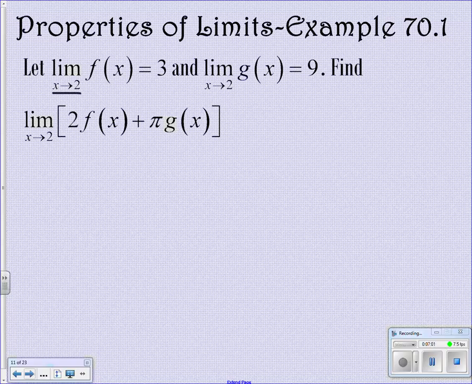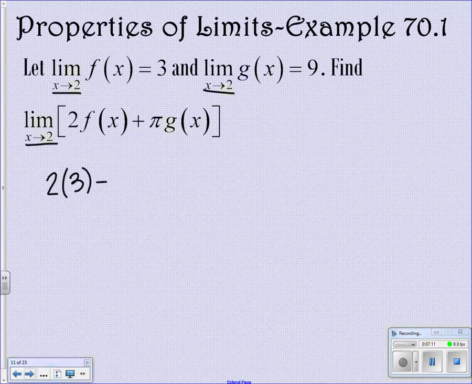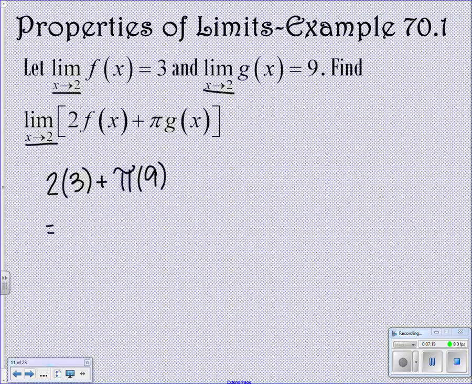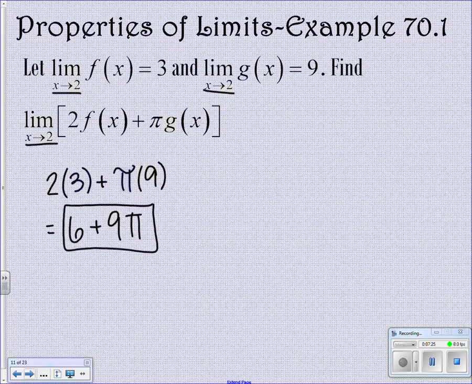Well, since these are all as x approaches 2, we can basically just say our f of x, when that limit is happening, is a 3. So we have 2 times 3. And our g of x, as x approaches 2, is 9. So we can plug in a 9 for g of x. And we end up with 6 plus 9 pi. And that would be your answer. You're basically just substituting it in since all of them are approaching the same value.